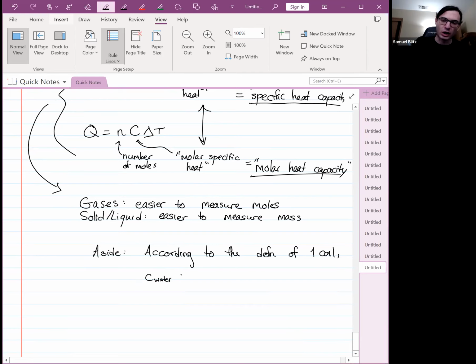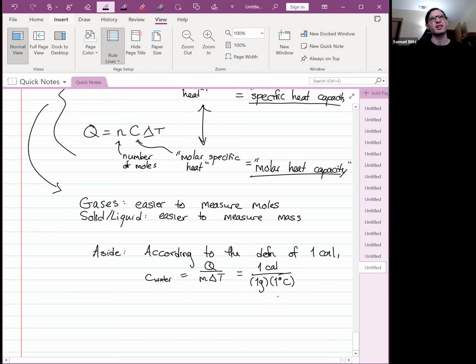The mass specific heat of water, also known as the specific heat capacity of water, is Q divided by M times delta T. We can define this in terms of calories. If you add 1 calorie to 1 gram of water, and you increase its temperature by 1 degree, then you will have input one calorie of energy. And so this formula, 1 calorie divided by 1 gram times 1 degree Celsius, is the mass specific heat of water. It just is.